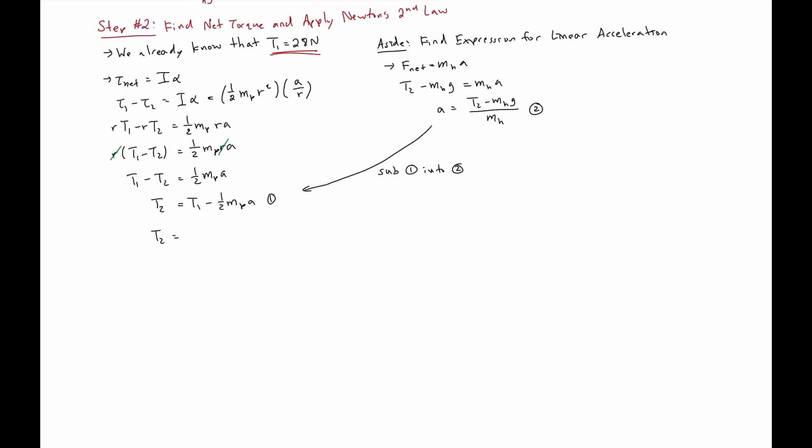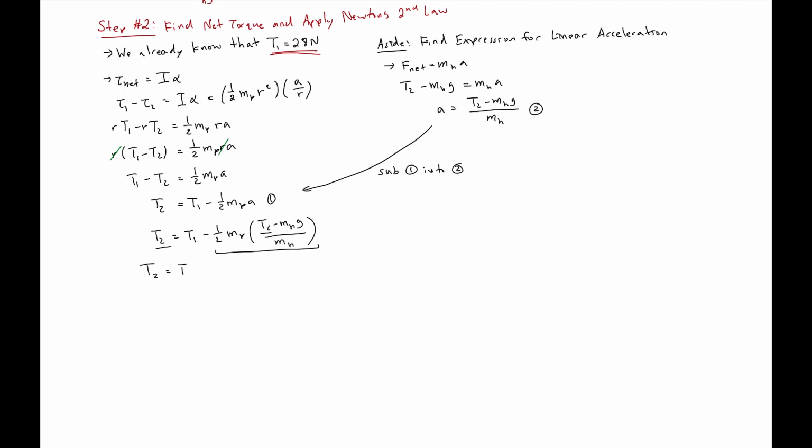So now we have T2 equals T1 minus 1/2 m_p times (T2 minus m_h g) over m_h. We want to solve for T2, so we have to put everything together, but this is so huge that we want to try and simplify it a little bit first.